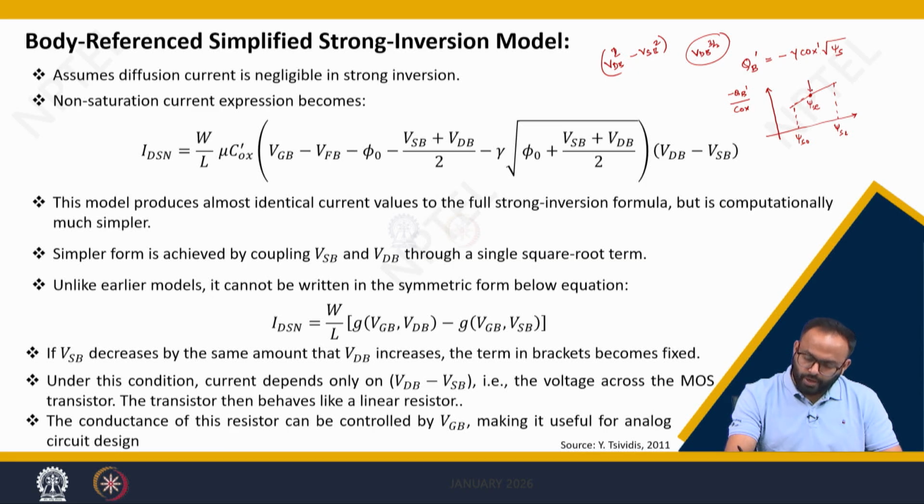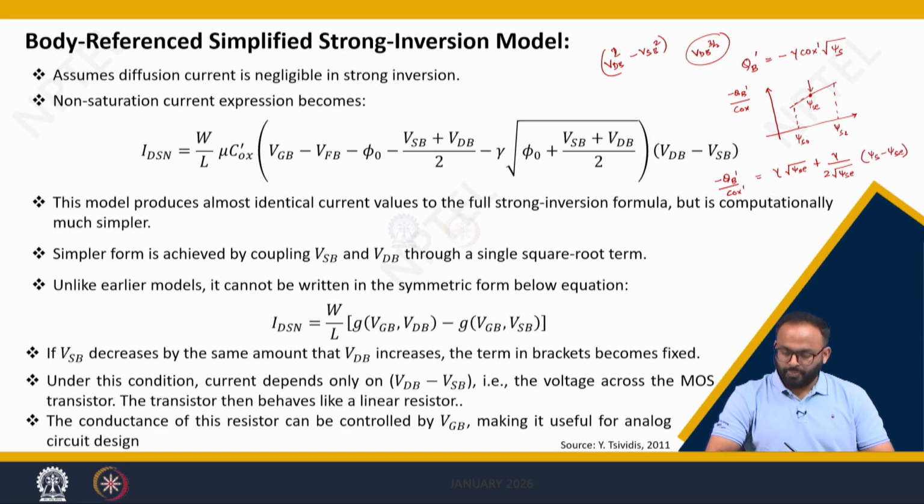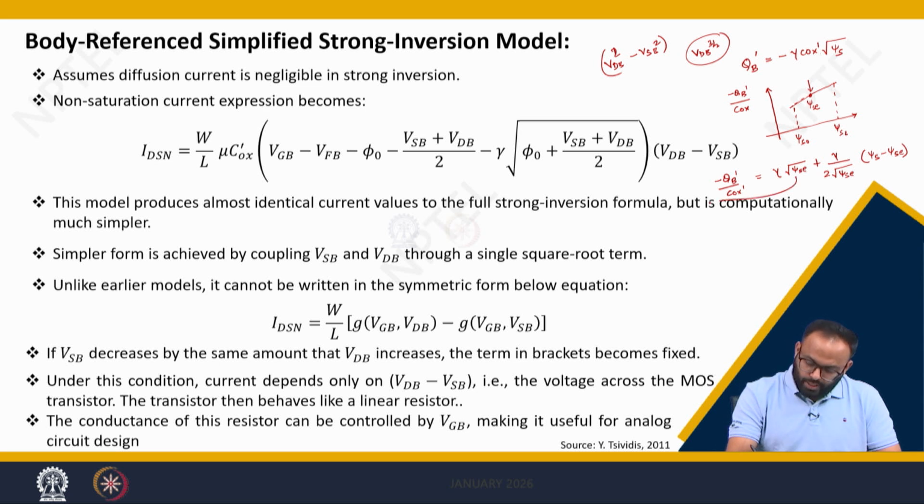Around this expansion point, we expanded our relation qb dash by Cox dash as gamma times square root of psi s e plus gamma by 2 times square root of psi s e into psi s minus psi s e, using Taylor expansion. Now, for a body reference model, we said that psi s e is nothing but psi s 0 plus psi s l divided by 2.